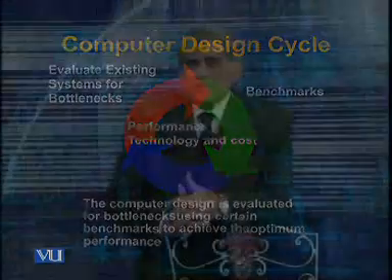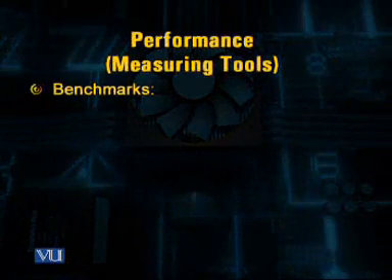So based on this, when we talk about the performance, we have to look into what are the performance measurement tools which are available. The performance measurement tools available are at different levels. Number one, it is benchmarks.